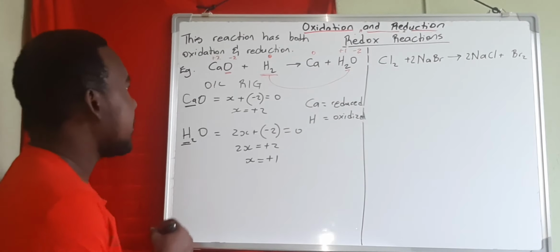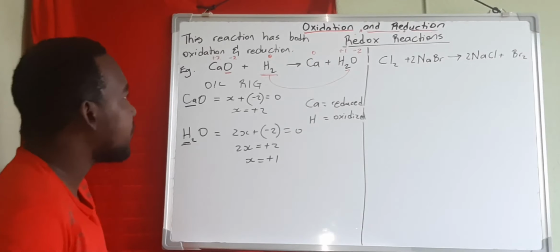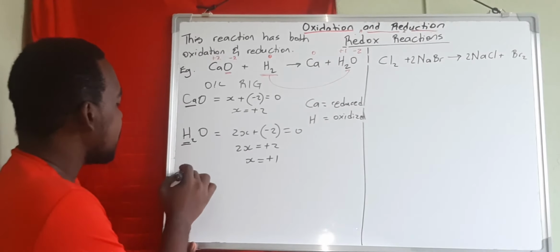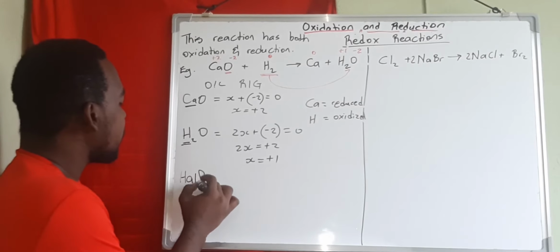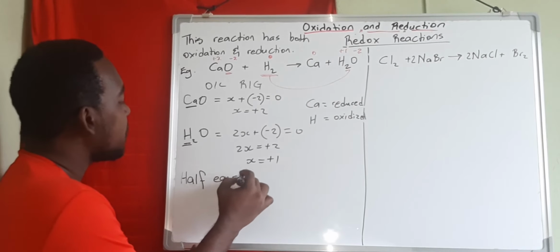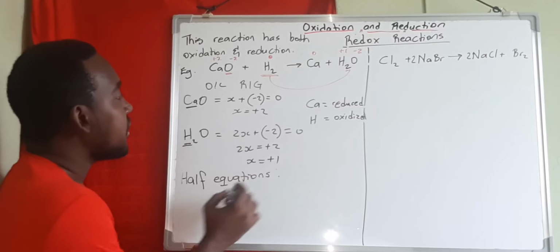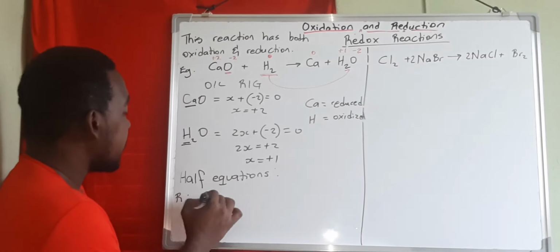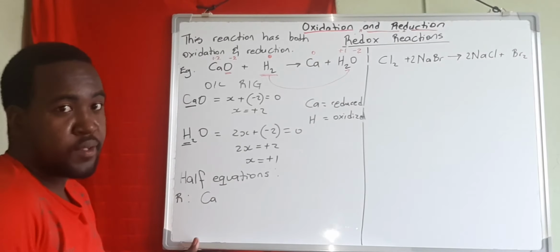So what we're going to write is our half equations and our final ionic equation. For the half equations, the reduction part, let's call it R, is calcium.